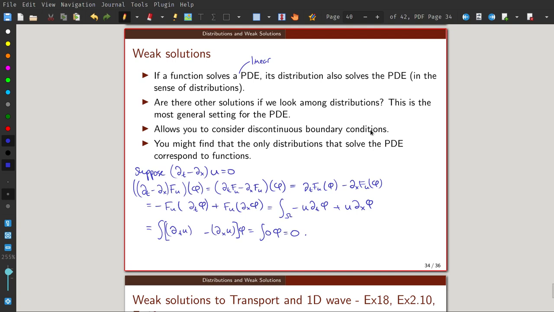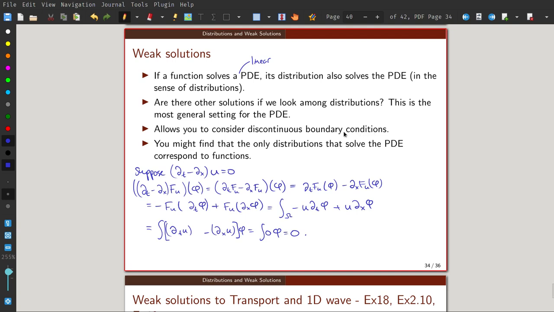And what's nice is that you can consider discontinuous solutions, because the only assumption to go from a function to a distribution is that it's L1 local, right? It's locally integrable. So that includes discontinuous functions. That includes some point singularities, if they're integrable ones, and so on.